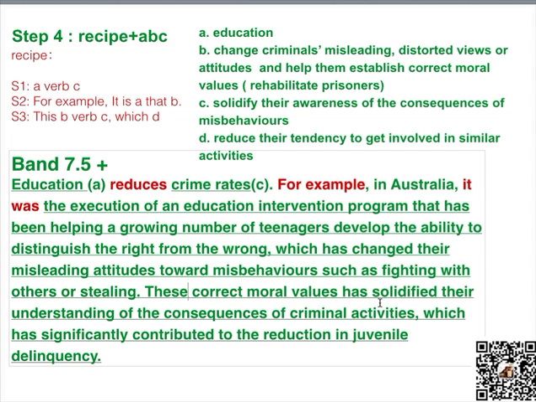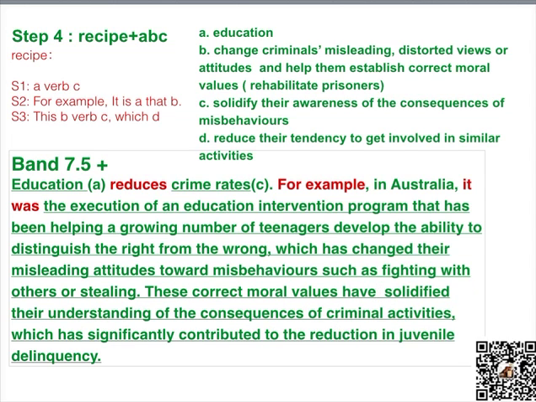These correct moral values have solidified the understanding of the consequence of criminal behaviors. Here, number C, then it comes to D, which has significantly contributed to the reduction in juvenile delinquency. Okay, juvenile delinquency means young people's crimes, so the crimes that are related to young people.